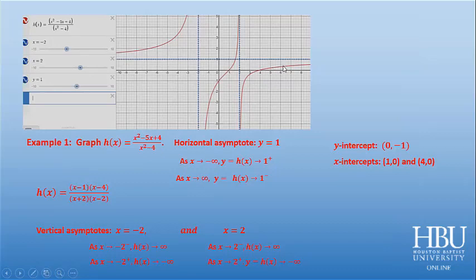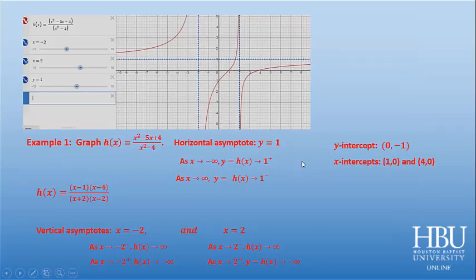Notice that as x is approaching positive infinity, the graph is getting closer to 1 from below. As x approaches minus infinity, the graph is getting closer and closer to 1 from above. The blue dotted line here, this horizontal line, is the horizontal asymptote y equals 1.